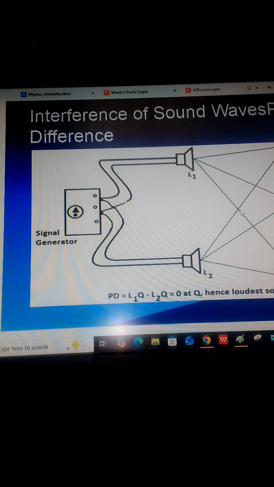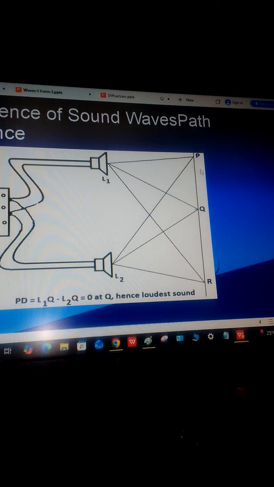All right? So what happens? If we walk along this line, PR, the intensity of sound rises and falls alternately. Hence, both destructive and constructive interference will be experienced. So this is the line I'm talking about, this line PR, this point Q. So when you walk along this line, PR, you'll experience intensity of sound rising and falling alternately.